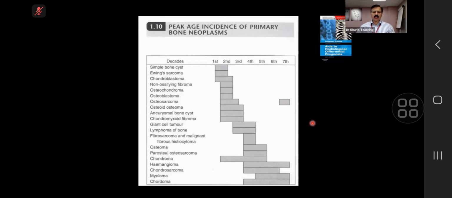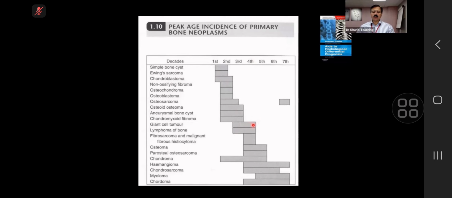And if the patient is young, as in this category, look at this difference. This is a chondroblastoma, and the age is first, second decade, or maybe till between 20 and 30 is the maximum. But a giant cell tumor, the age goes till the fourth decade and things like that.